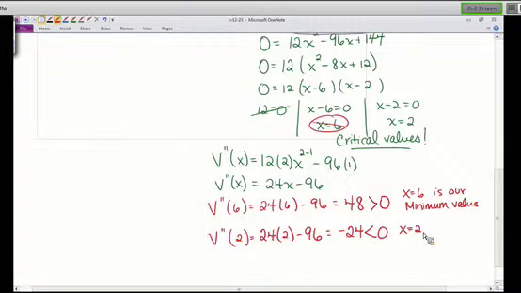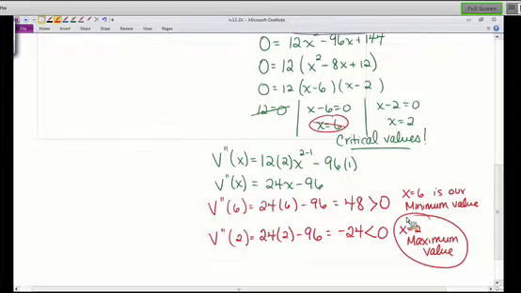Therefore, at x is equal to 2, we will have our maximum value, which is what the problem is asking us. Okay, so this will be our maximum value when x is equal to 2.